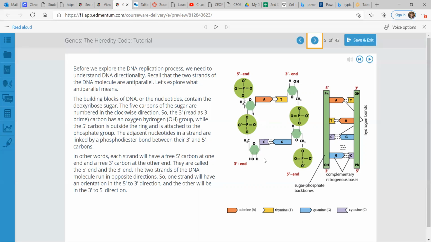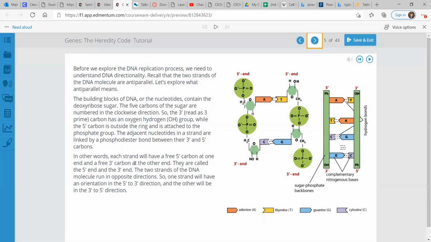So you see how they're flipped, right? And here's another look. 5 prime matches with the 3 prime. 3 prime matches up with the 5 prime. And that's what they mean by anti-parallel.